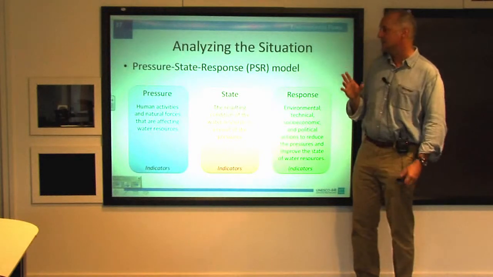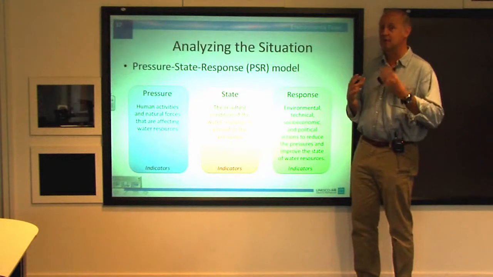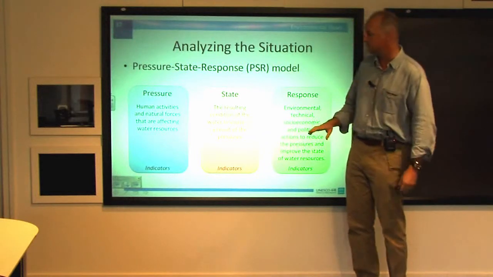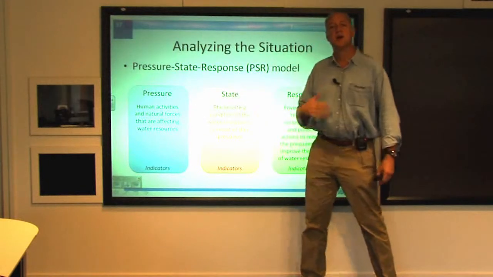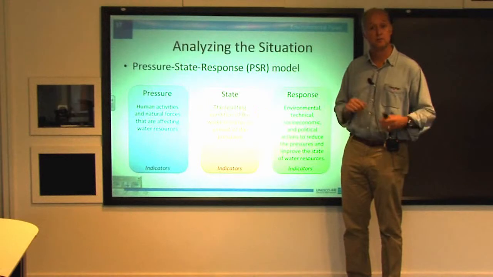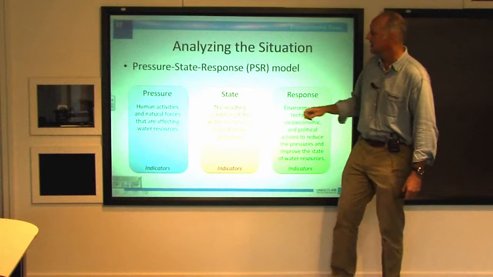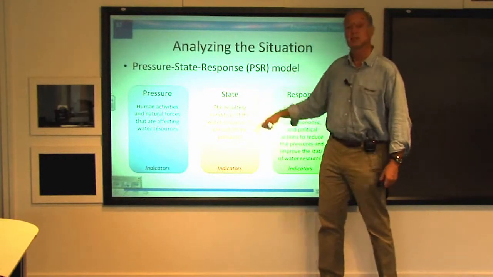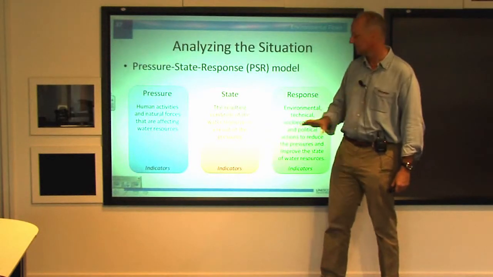So we recognize that there are a set of activities, generally human activities, but they might also be natural climate variability or other natural pressures. But there are pressures at work that are influencing the condition of resources and also influencing the condition of human populations in the basin. The result of those influences creates a particular condition or state in the basin at any given time.